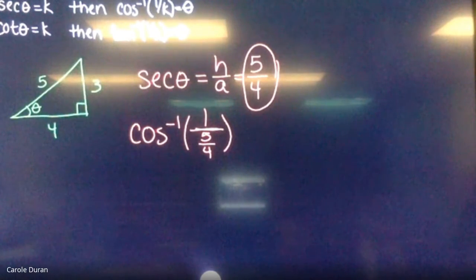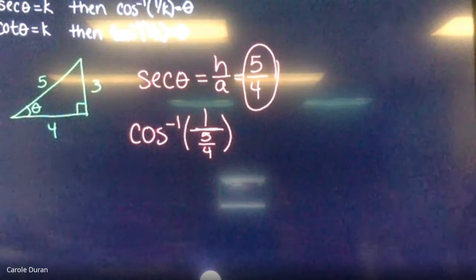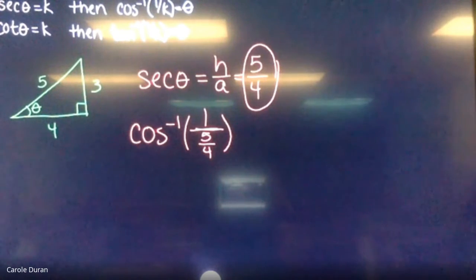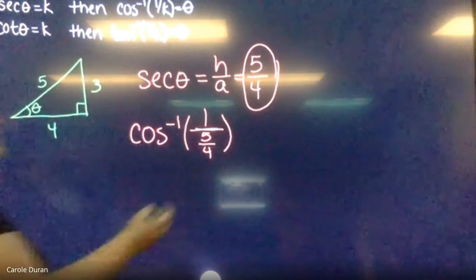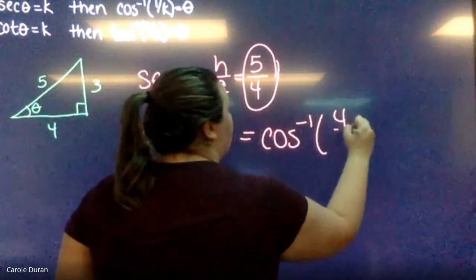I hate the way that looks. So what do I know I can do with a fraction in my denominator? We can flip it over and it becomes part of our numerator. So this is the same as cosine inverse of 4 over 5.